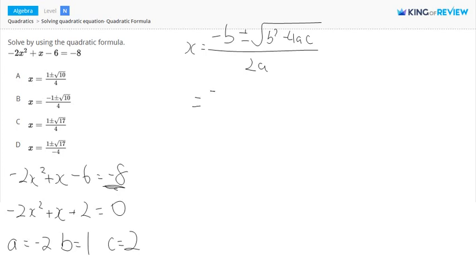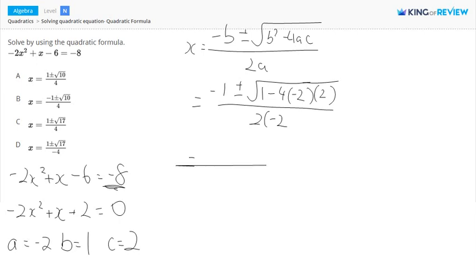B, which is 1, so negative 1, plus or minus square root of 1 squared, which is 1, minus 4 times a, which is negative 2, times c, which is 2, over 2 times a, which is negative 2.